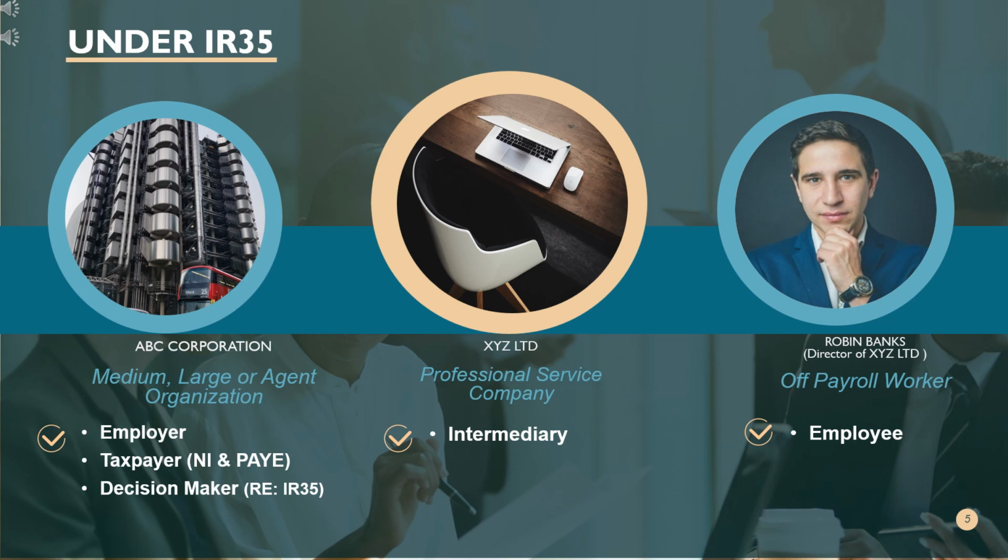Under IR35, ABC Corporation will be seen as the employer, and Robin Banks, who's the director of XYZ Limited, will be seen as the employee. ABC Corporation will be responsible for NI and PAYE, and they are the decision maker in terms of whether or not the contract falls inside or outside the scope of IR35.